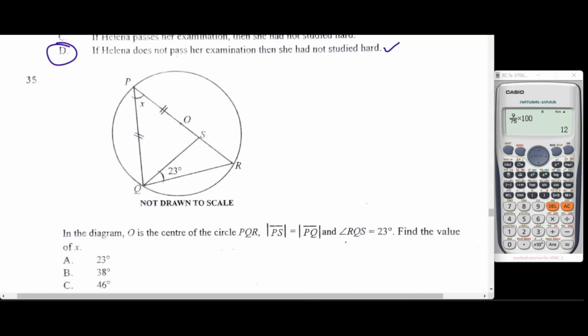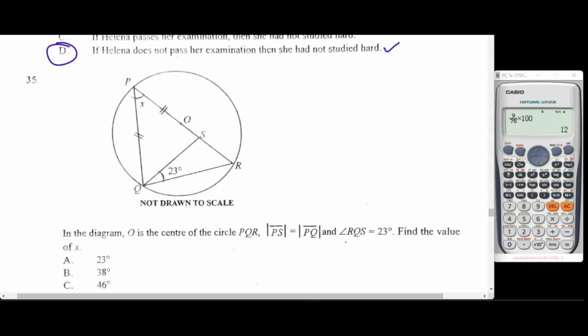Now the length of line segment PS is equal to the length of the line segment PQ. Angle RQS is 23. Find the value of X. So X is found here, and we have to find the value of X.